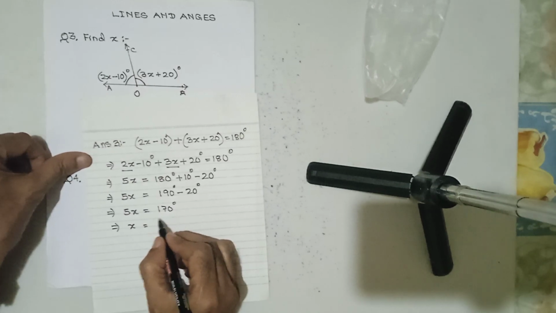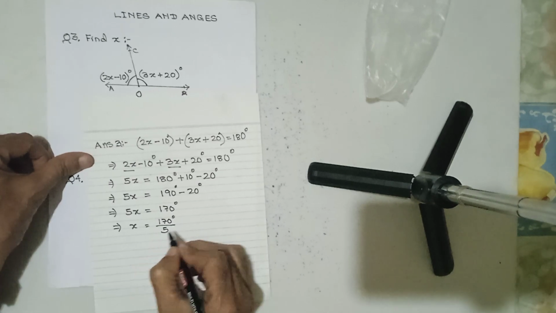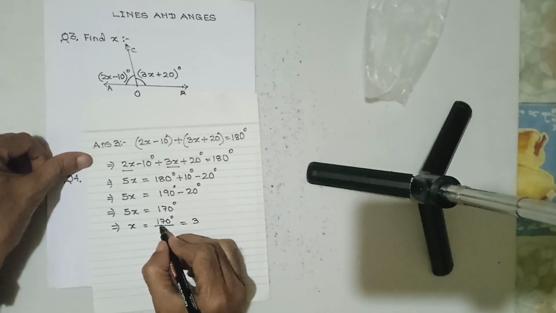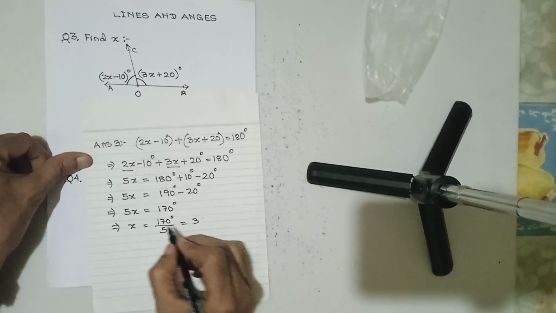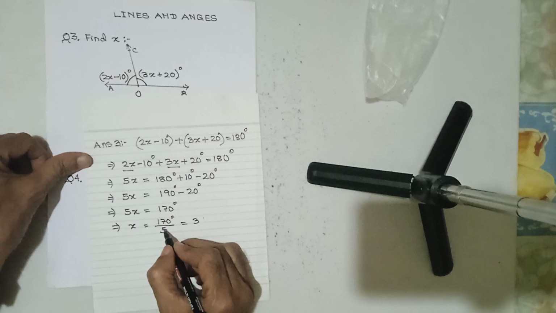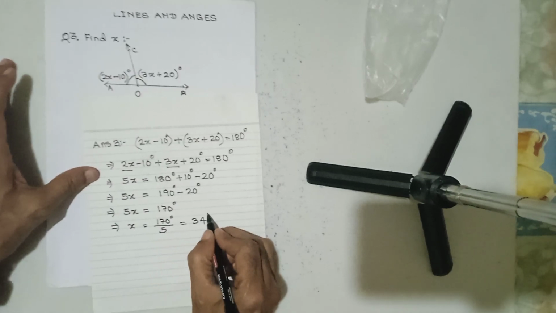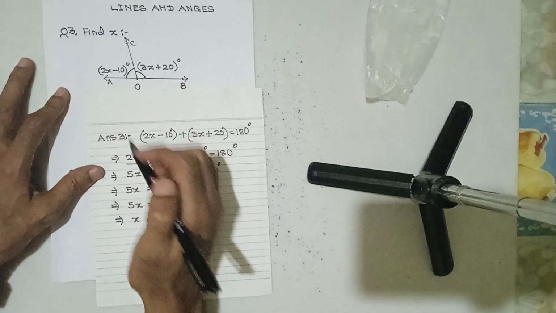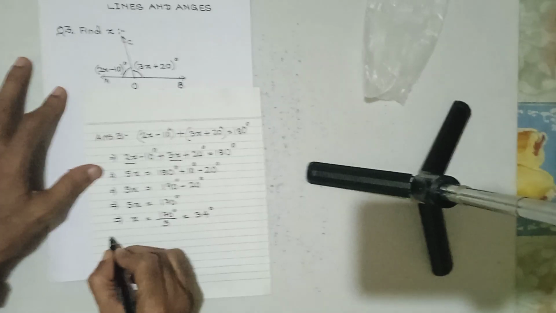This implies x is equal to 170 degrees by 5, so it will be 34 degrees. Now we can also find what 2x minus 10 is.